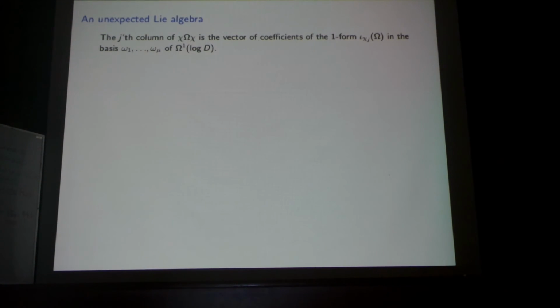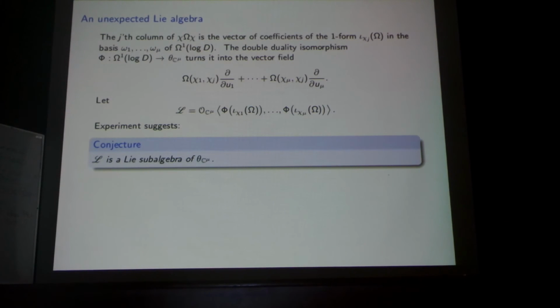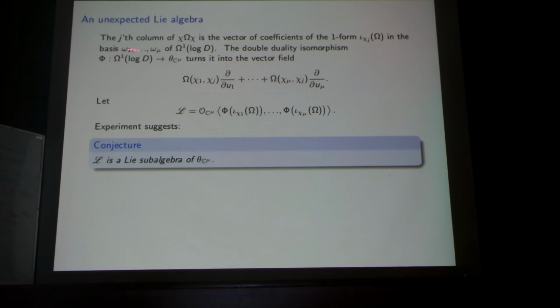For this reason, it makes sense to think of the columns of the chi omega chi matrix as vector fields. The jth column is actually the vector of coefficients of this one form in this basis, and the duality isomorphism turns it into this vector field.